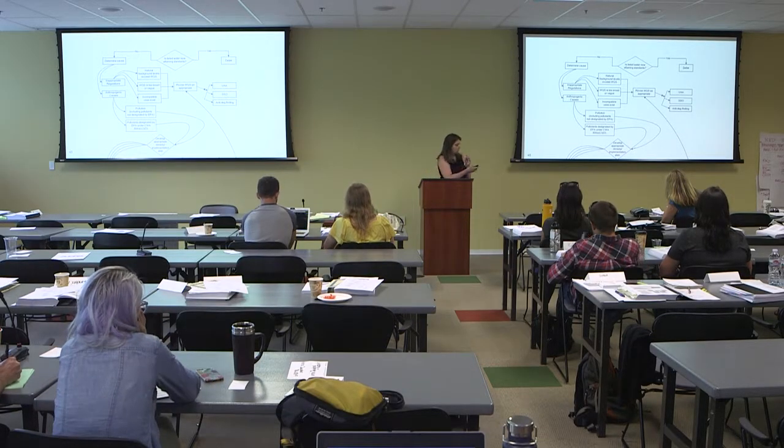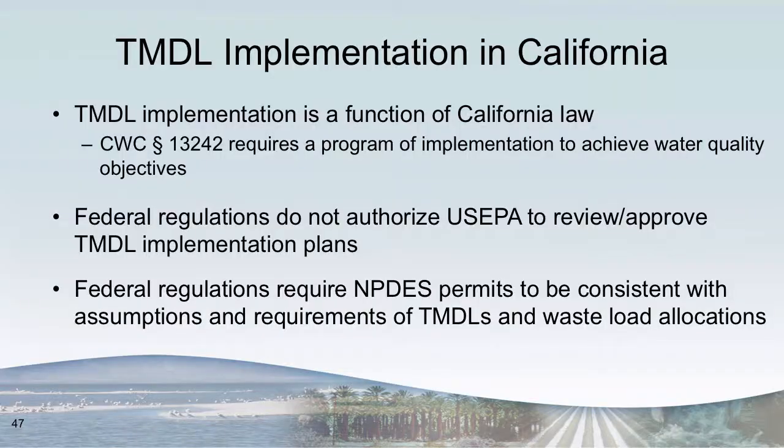So, TMDL implementation in California. I just want to emphasize again how cool California is, because we have an obligation to do implementation with our TMDLs. We have the 13242 requirement of the California Water Code saying that we need to have that program of implementation to achieve our water quality objectives.